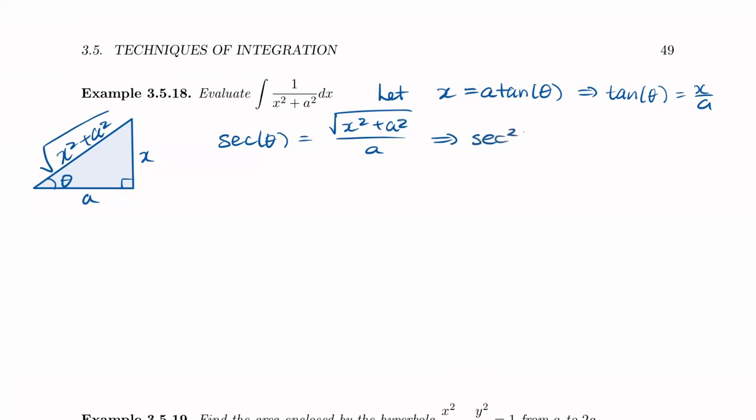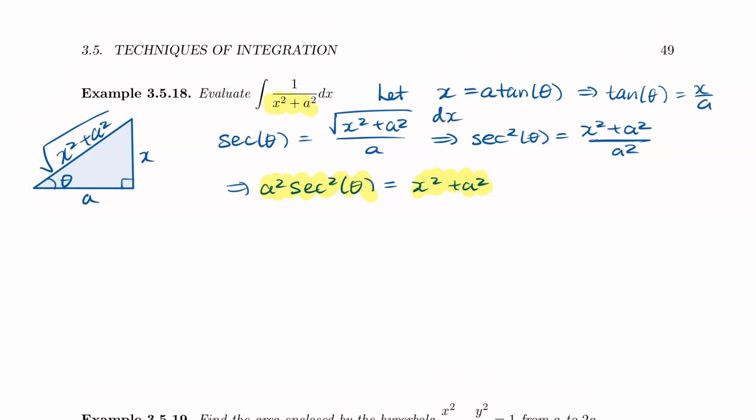So that means secant squared theta is x squared plus a squared divided by a squared. So a squared times secant squared of theta is going to be x squared plus a squared, which is the one that we needed. So this expression becomes a squared secant squared. And also note that dx here is going to be a secant squared theta d theta.